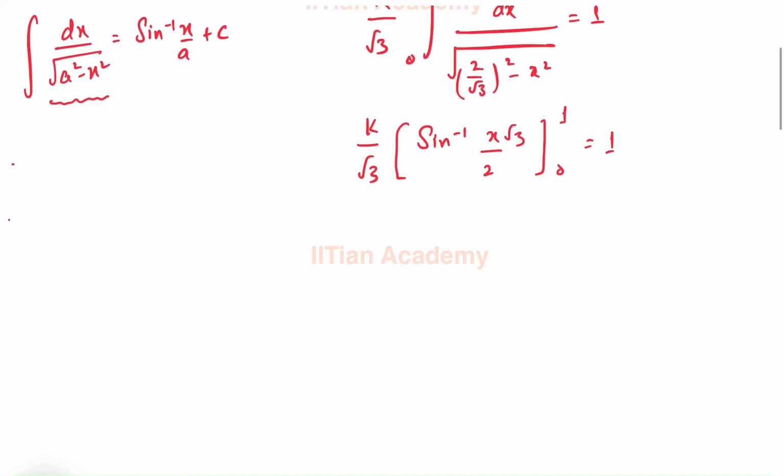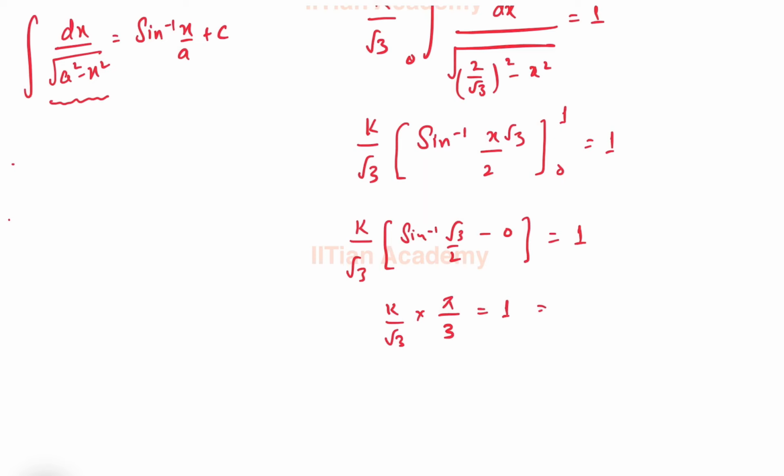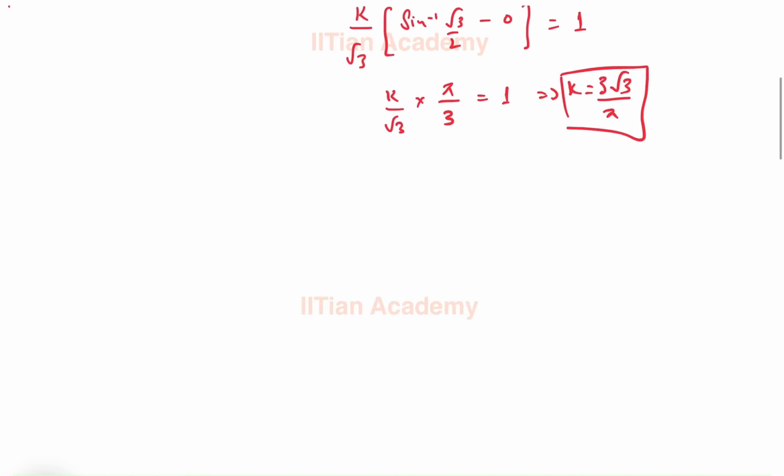Now the limits are from 0 to 1 and equating it to 1. So what we are getting is k divided by root 3 sine inverse root 3 by 2 minus 0 equals to 1. Sine inverse root 3 by 2 means an angle which gives the value of root 3 by 2, which is pi by 3, equals to 1. So we can get the value of k as 3 root 3 divided by pi.